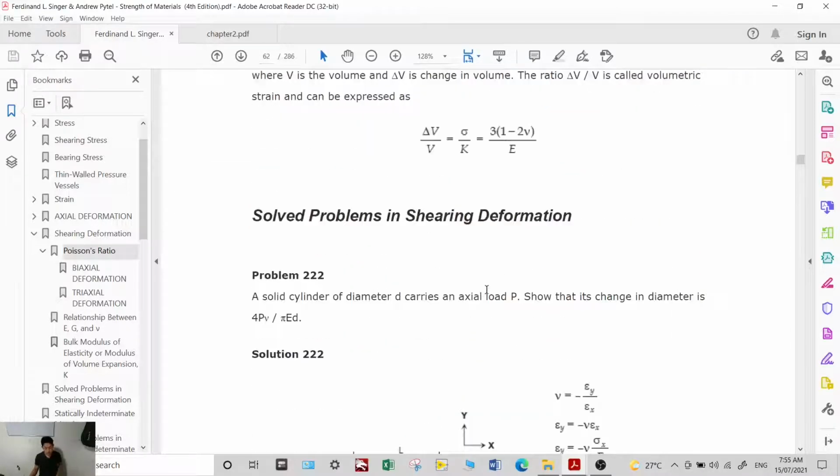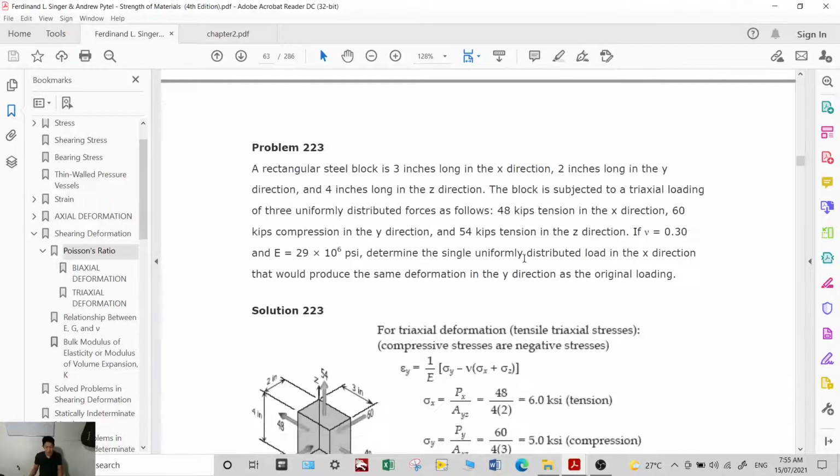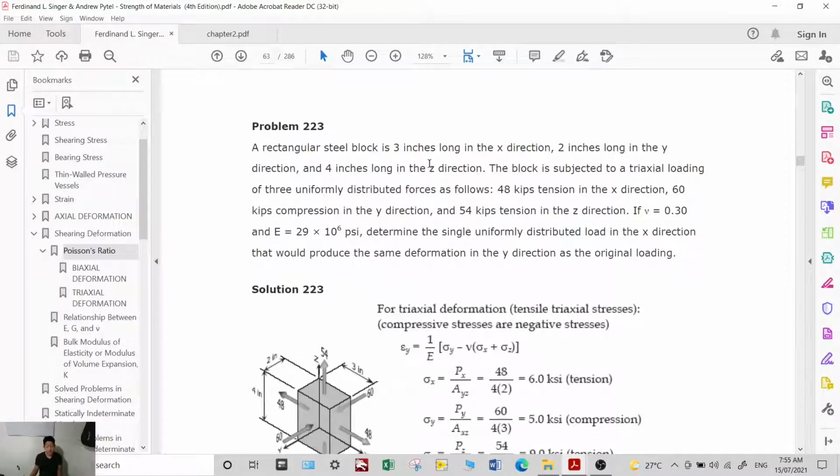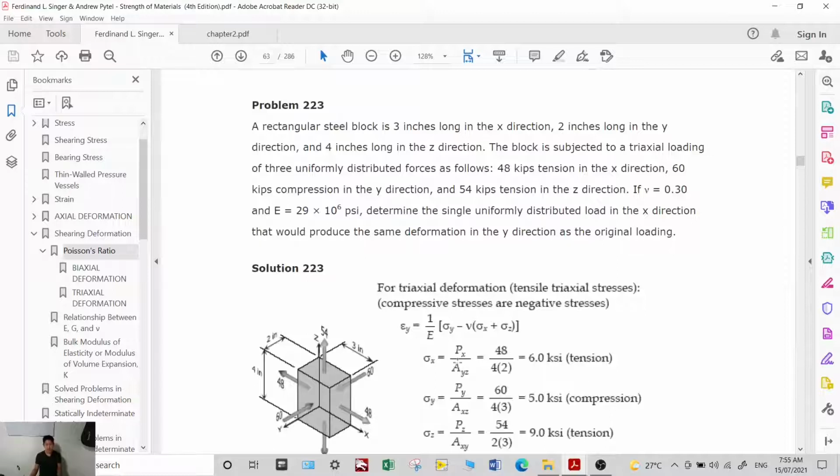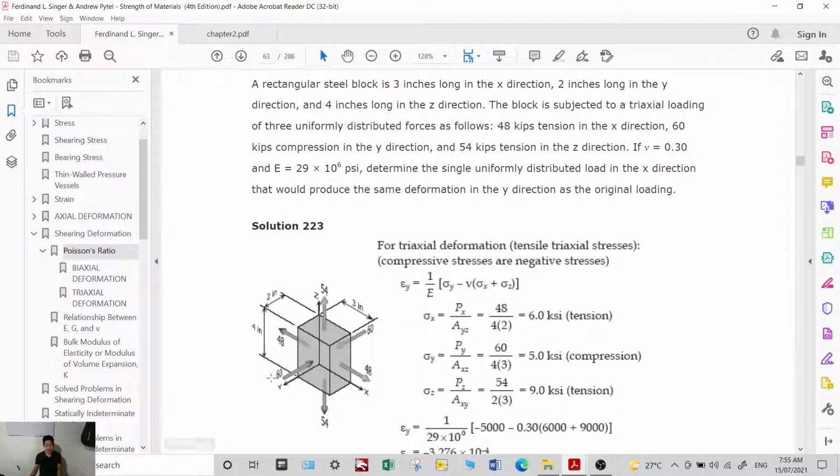Okay, so let's have an example. Example 223, a rectangular steel block is 3 inches in the X, 2 inches in the Y, and 4 inches in the Z direction.